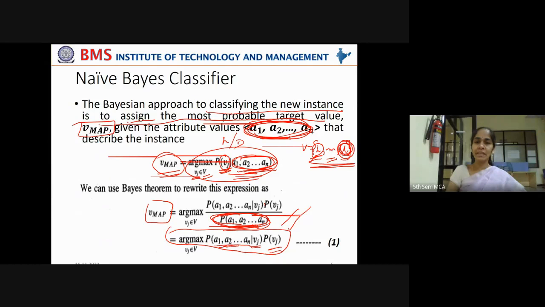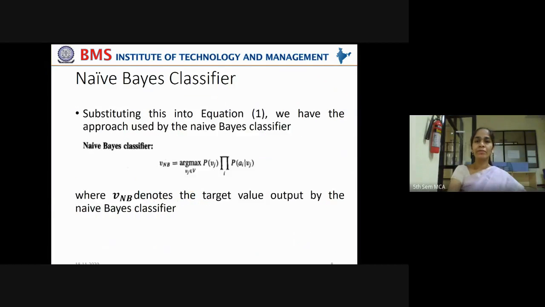Into this equation we are substituting, and we have the approach used by the naive-Bayes classifier. Okay, so what does the naive-Bayes classifier say? It says that probability of A1, A2 and so on up to AN given Vj is equal to the product of probability of Ai given Vj, right? That we are substituting here.